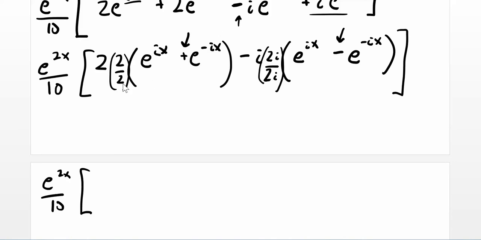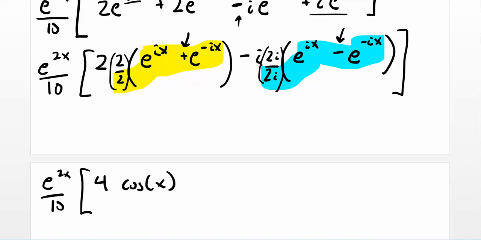We'll highlight what becomes what. So this whole thing will become cosine, and this whole thing will become sine. So what are we left with? 4 cosine of x. Here we're left with minus 2i squared, so minus 2i squared plus 2 sine of x.